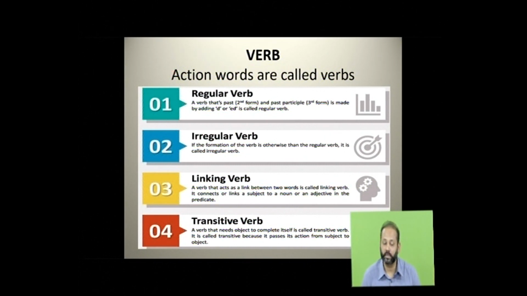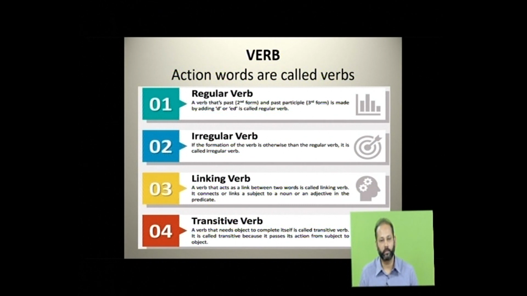Now, transitive verb, what is transitive verb? A verb that needs an object to complete itself is called transitive verb. Like in a sentence, there are a few verbs that require an object to complete the sense. They are called as transitive verbs. Say for example, the doctor felt.